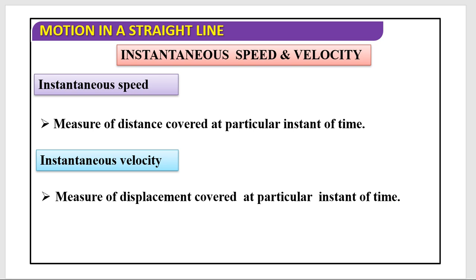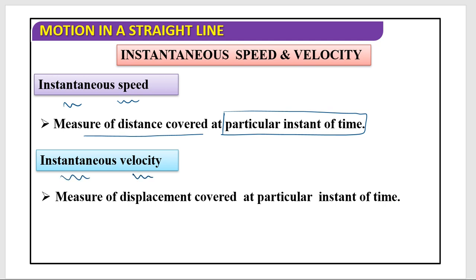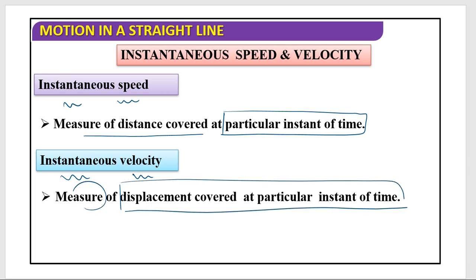Now, what is instantaneous speed and velocity? If I measure instantaneous speed, that means I am going to measure a distance covered at a particular instant of time. You should focus on this. Likewise, for instantaneous velocity, I am going to measure a displacement covered at a particular instant of time.